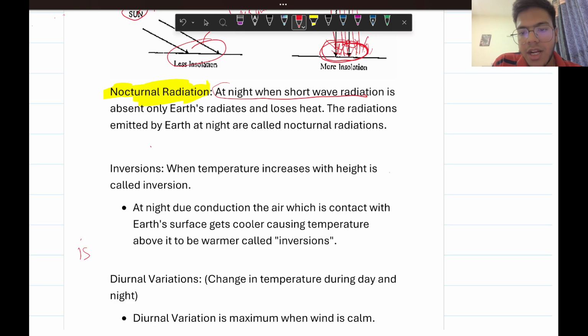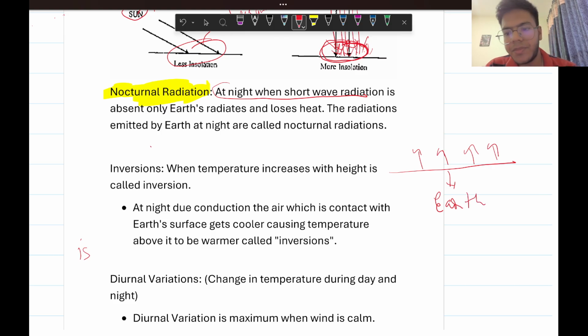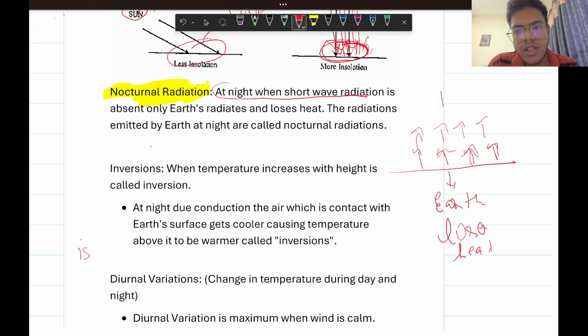So what happens in night, guys? There are only long wave radiations which are going up and Earth loses heat with time in night. Earth starts losing heat because the heat that came during the whole day, now Earth starts losing this heat continuously the whole night.